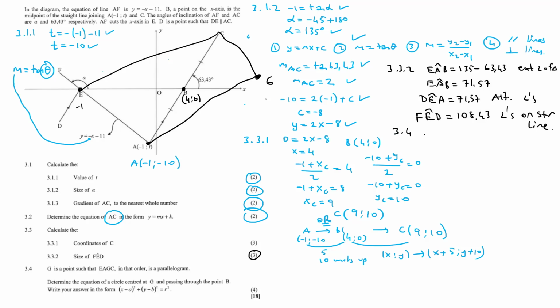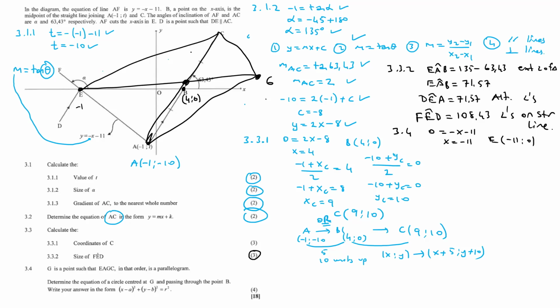So 0 is equal to negative x minus 11. From that, x is equal to negative 11. The coordinates of E are negative 11 and 0. So when you draw diagonals in a parallelogram, diagonals bisect each other. So the midpoint of EG and the midpoint of AC will be equal to each other.